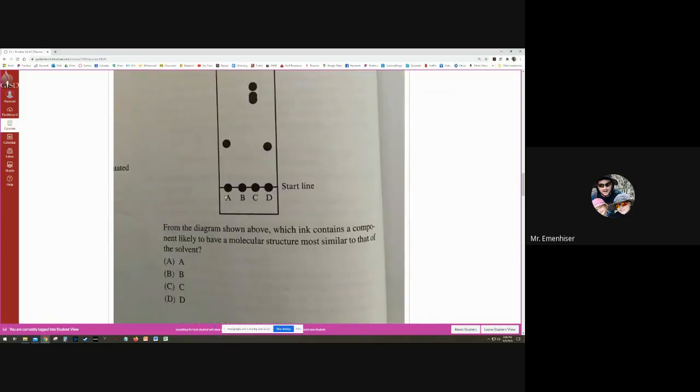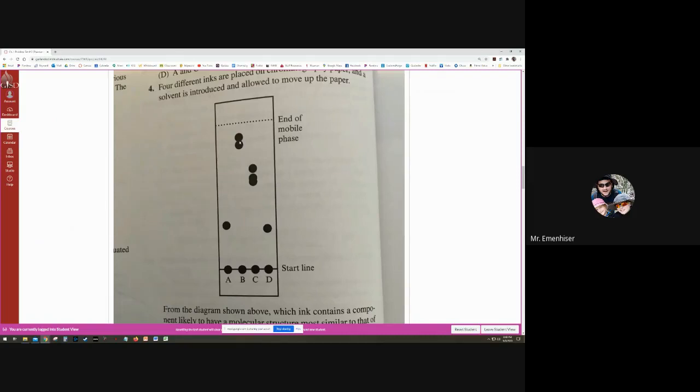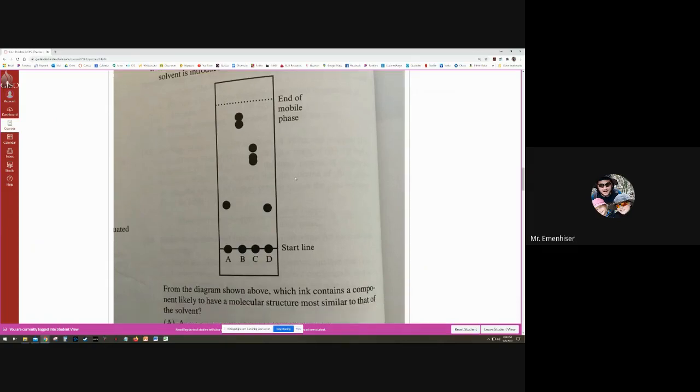Okay, so if you look at B, this one moved the farthest. And so if it moved the farthest, it's very similar to the solvent, because the solvent moves.